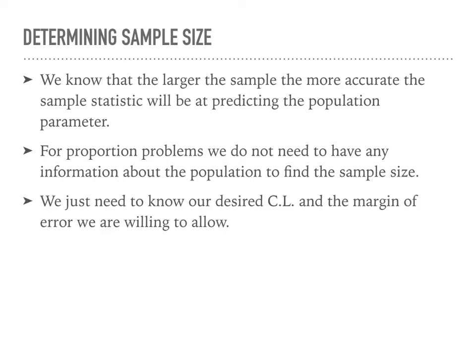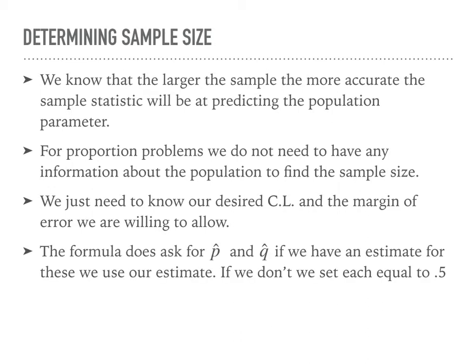We just need to know our desired confidence level and the margin of error that we are willing to allow. The formula does ask for p hat and q hat, but if we don't have an estimate for those, then we can always set each of them equal to 0.5, because that would maximize p hat times q hat.